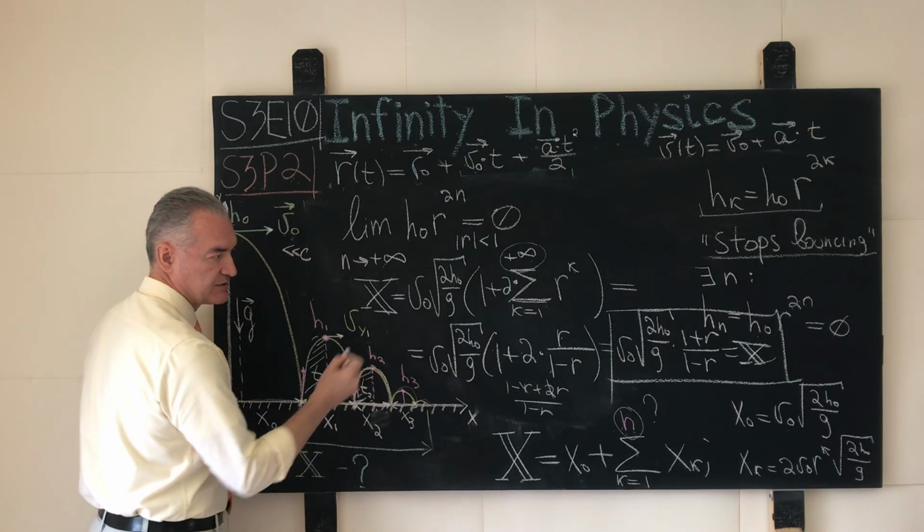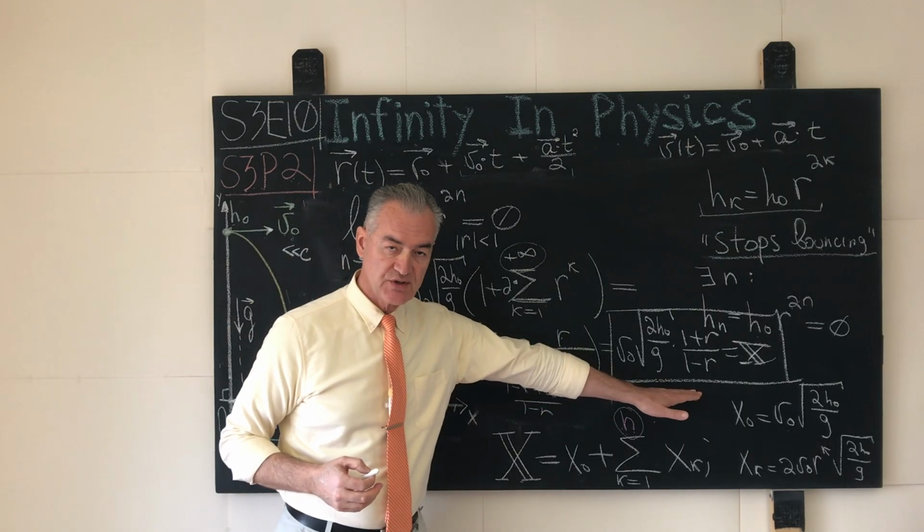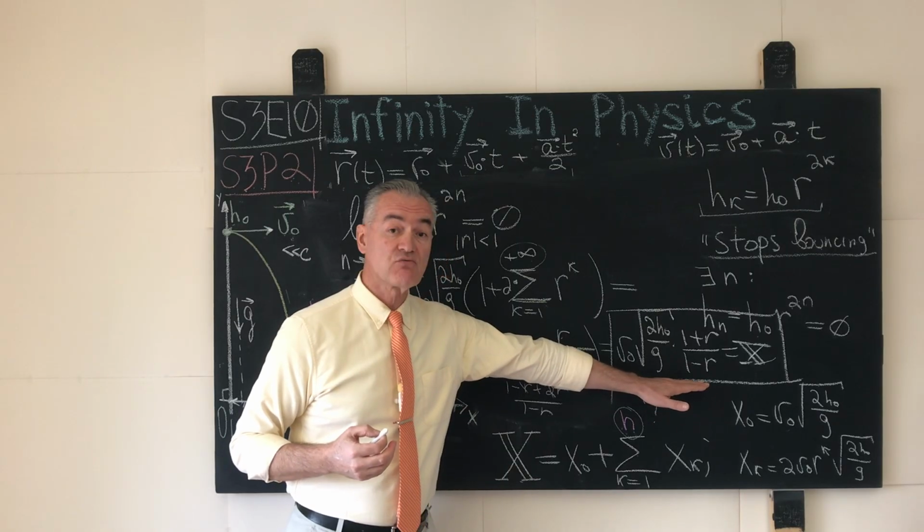And again, this is how theoretical physics works. We have actually two numbers over here. One is a theoretical number, the other one is practical. This is our fearless theoretical prediction.